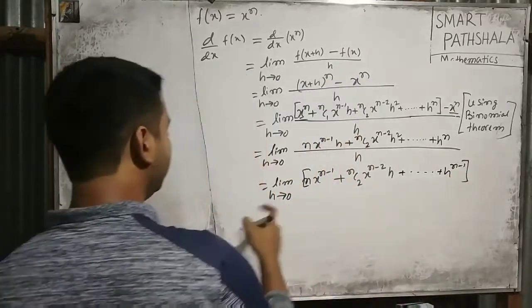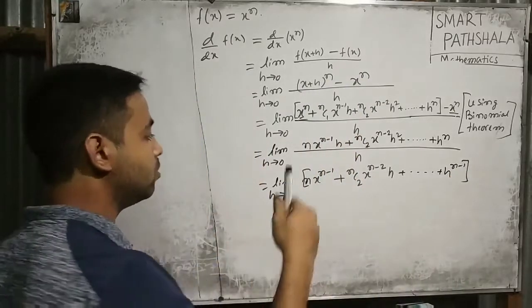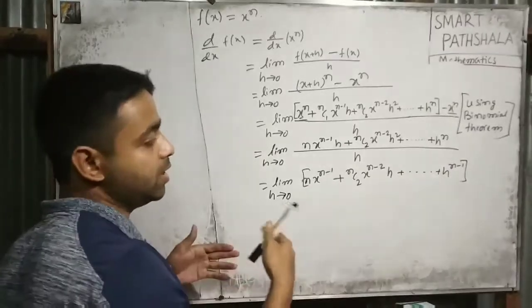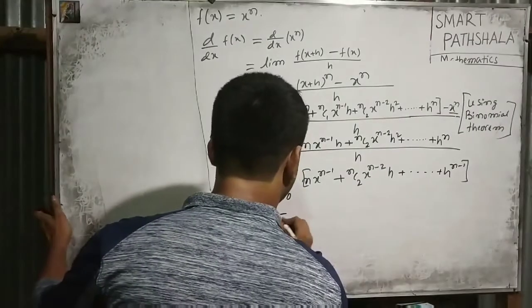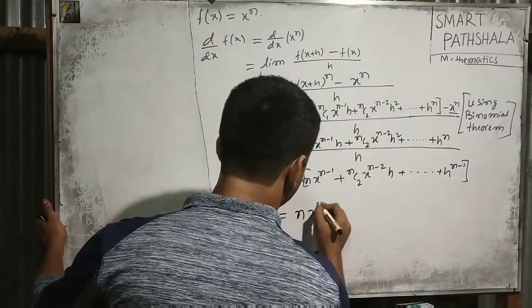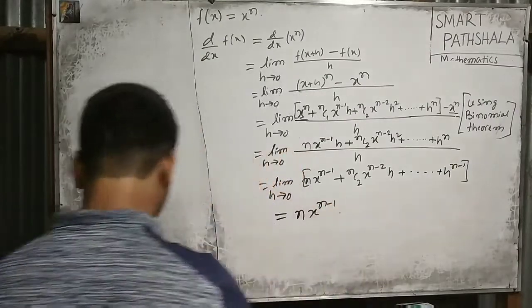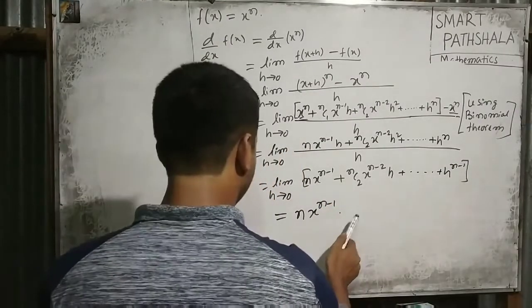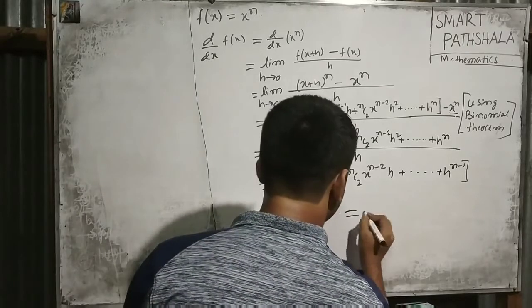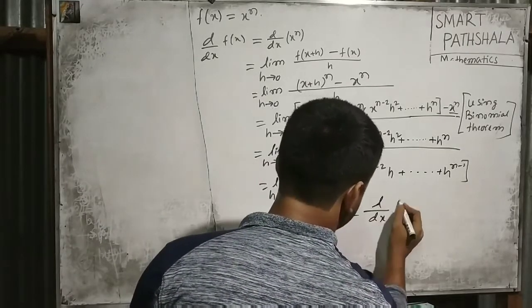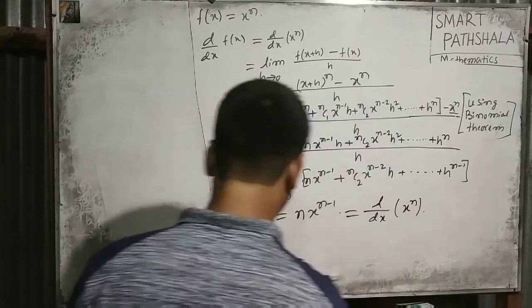Now plug in the value of h, which is tending towards 0. Plug in h equal to 0. What I obtain is n into x to the power n minus 1, which is nothing but the d/dx of x to the power n.